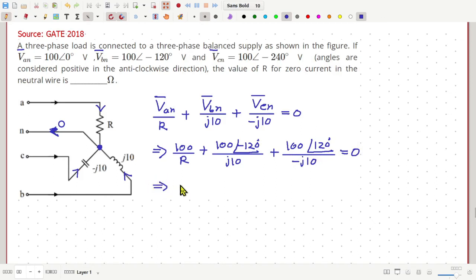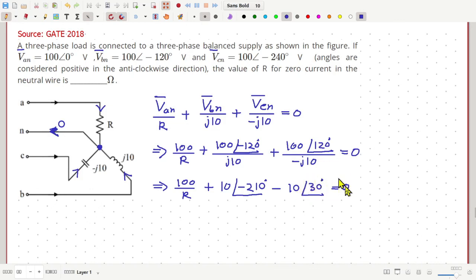This implies 100 by R plus second term is 10 angle minus 120 minus 90, which is minus 210 degree, plus minus 10 angle 120 minus 90, which is 30 degree.